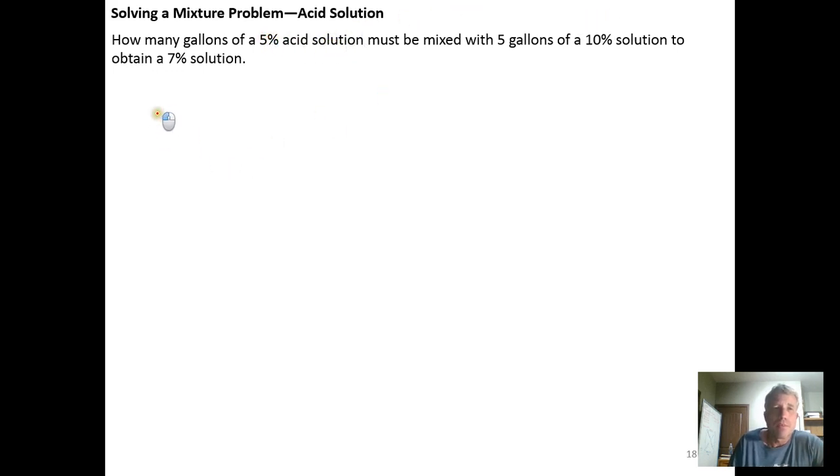So in terms of making a table, I'm going to say, I have solution 1 that I'm working with, I have solution 2 that I'm working with, and I have solution 3 that I'm working with.